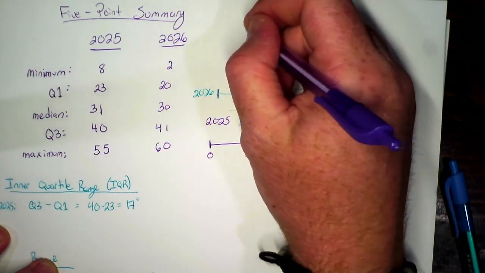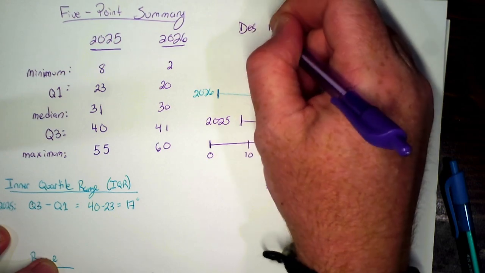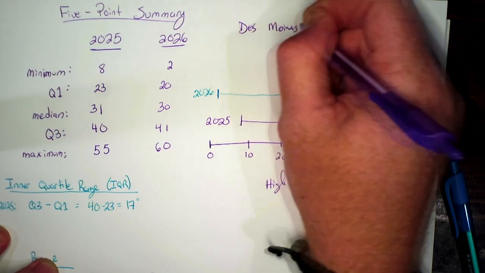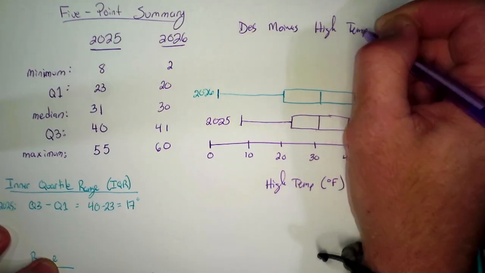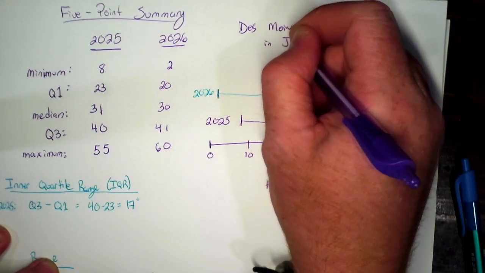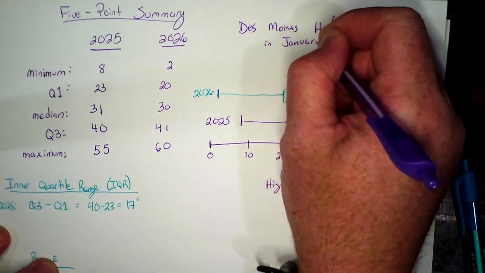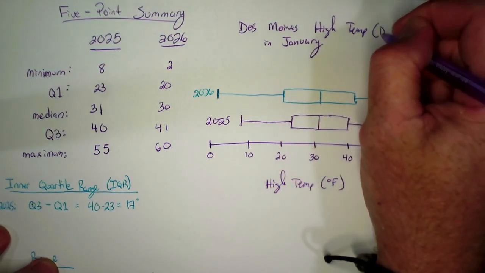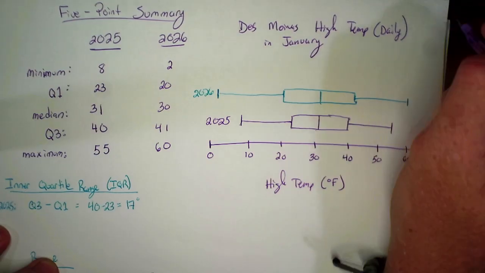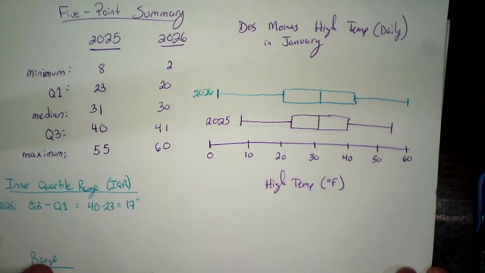And then we can say Des Moines, high temperature in January. Okay. Maybe we can say daily high temperature. Okay, so we know we're talking about all the days in January.